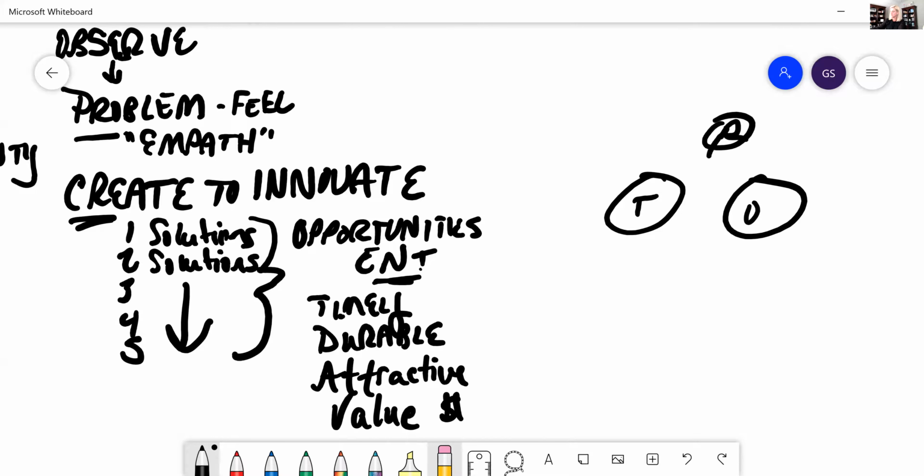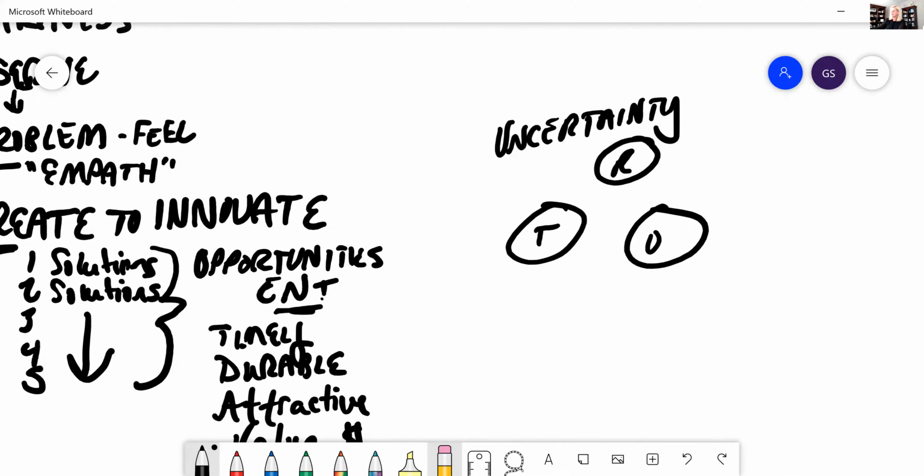And all of these are affected by the fourth construct, which is uncertainty. Timmons also tells us that entrepreneurship is driven by market demand.